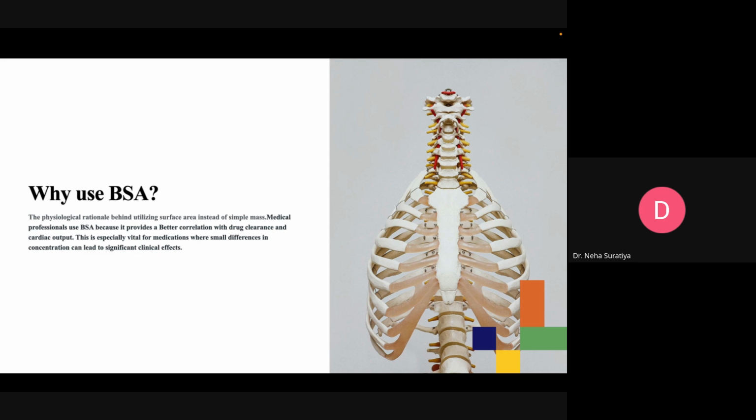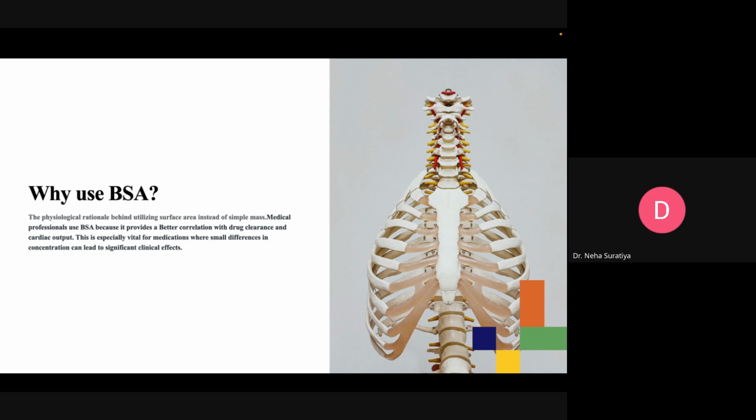This refers to the total external surface area of the human body. I am again repeating, total external surface area of the human body, which is always expressed in square meters, guys. Meter square, small m and 2.